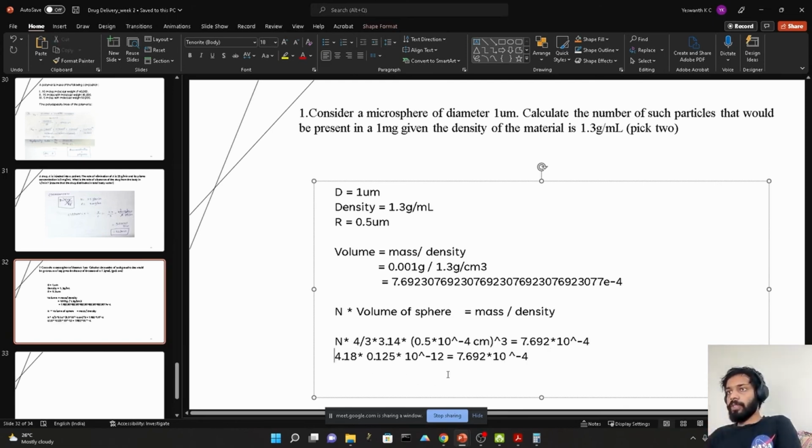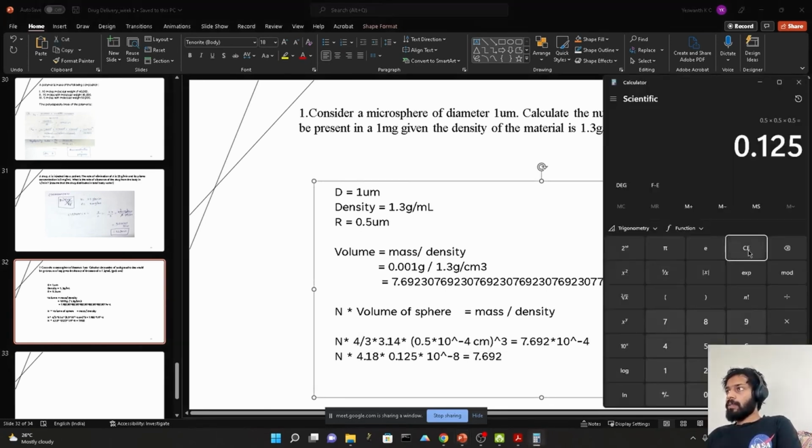Cancelling minus 4 here, we get 7.692 divided by 0.5225.